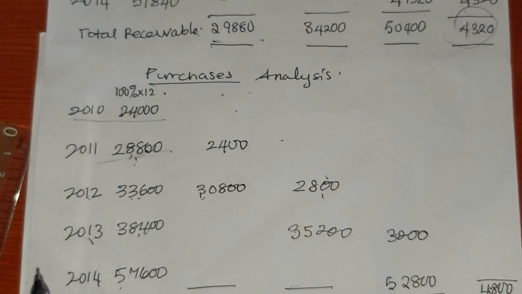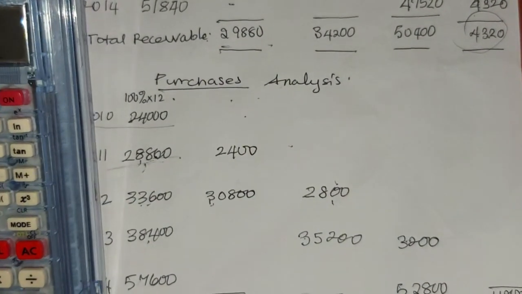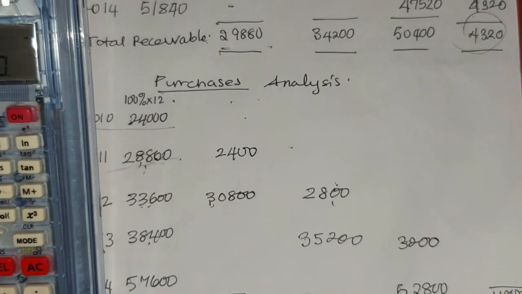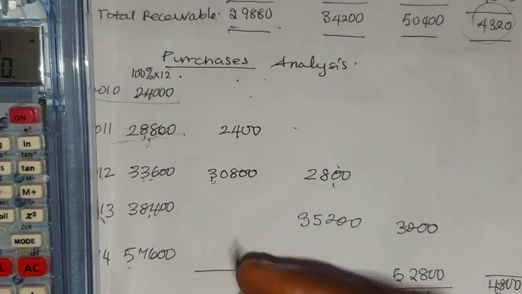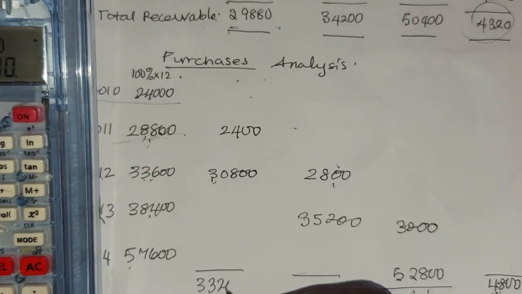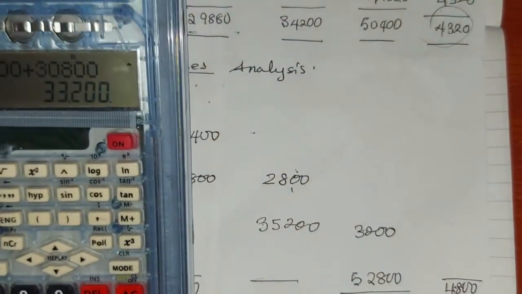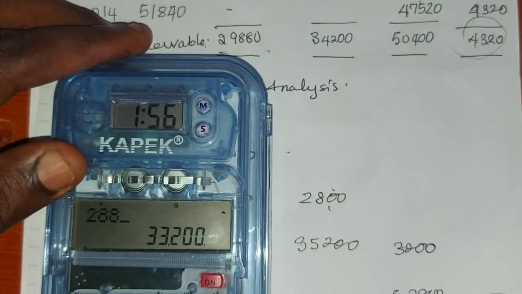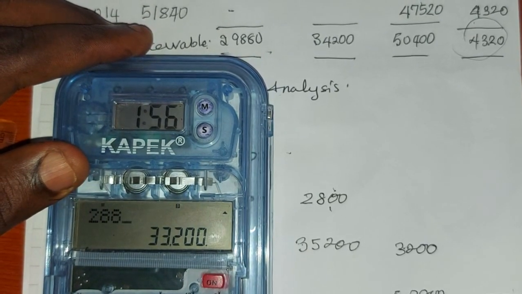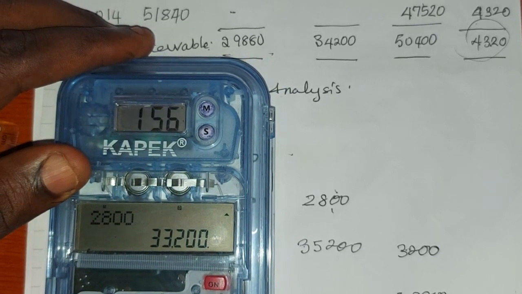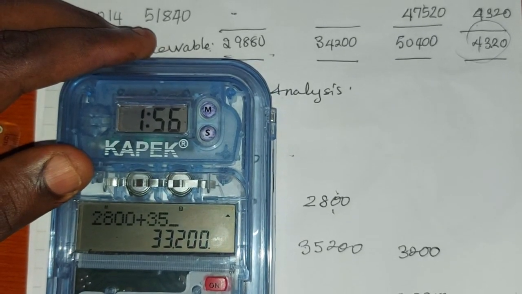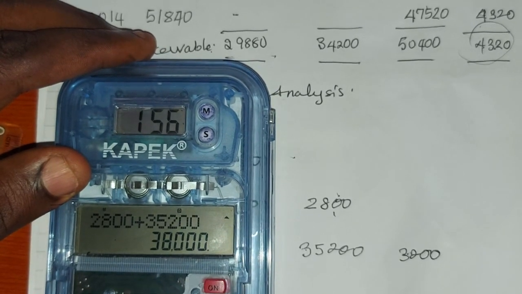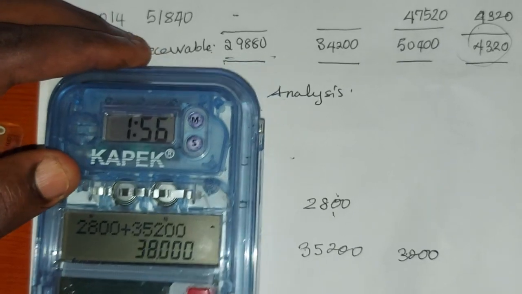So let us add. So when you add this, what do you have? We have 24 plus 3800, and that will give you 33200. Then for this we have 28 plus 35200, which is 38,000.